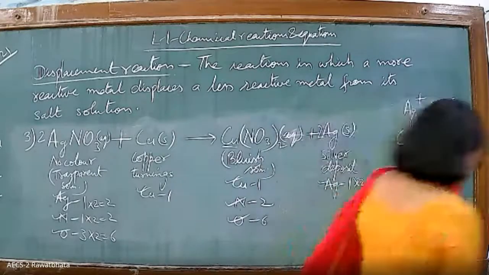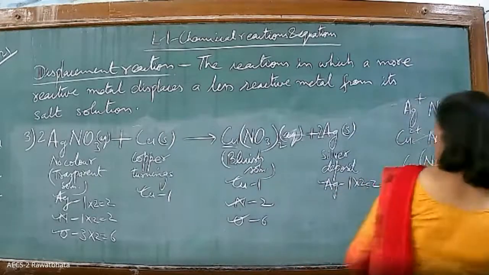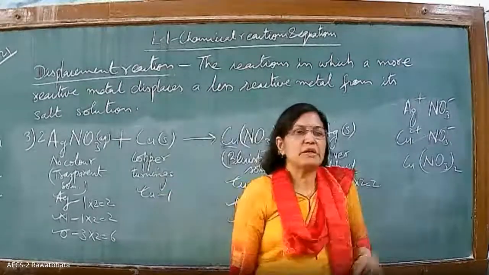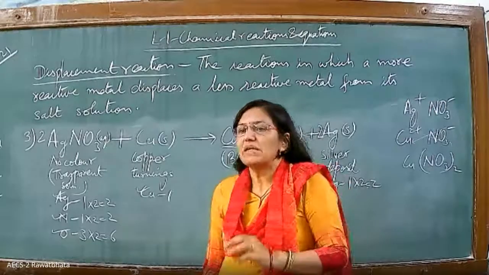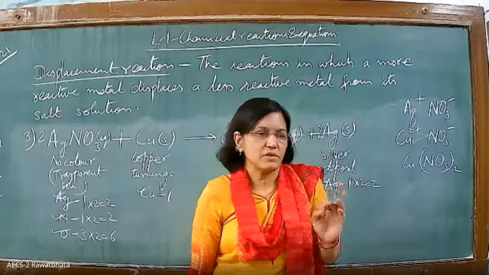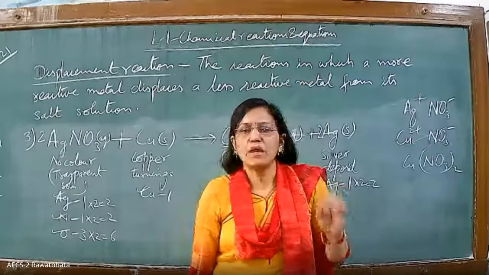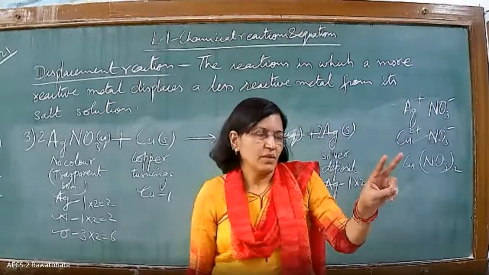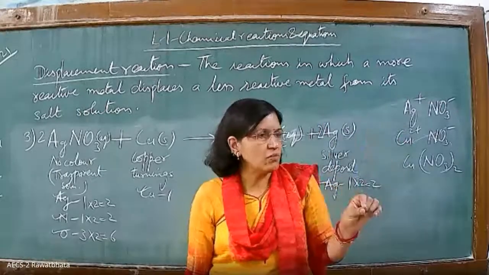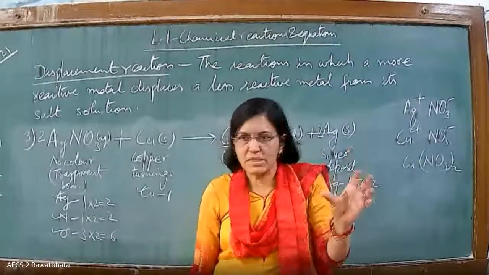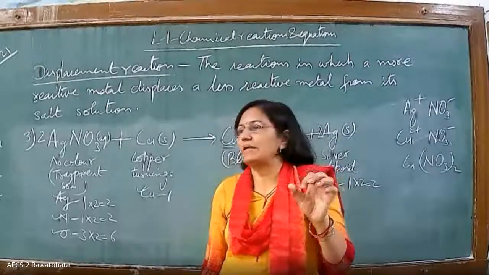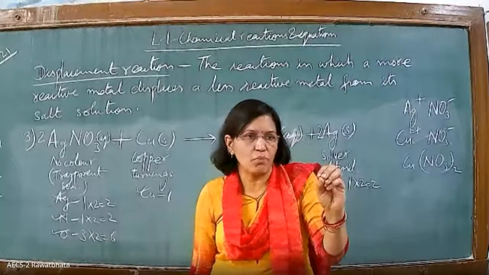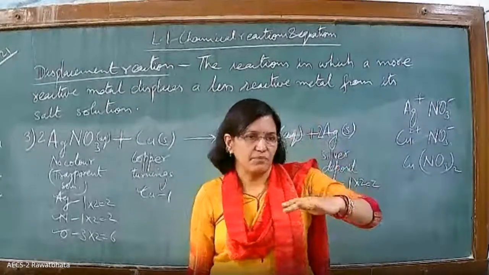Okay. Let's go ahead for the next type of reaction, and that is double displacement. Double displacement reactions are also known as precipitation reactions. In such reactions, what happens is that if you are taking two solutions, that means salts dissolved in water, you mix them both and what you get is an insoluble product. An insoluble compound is formed and that settles at the bottom.